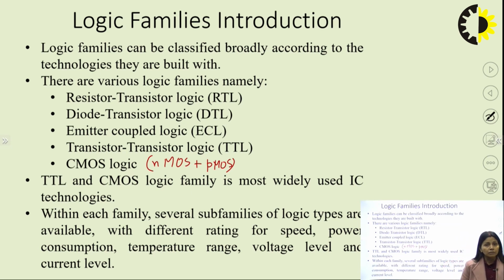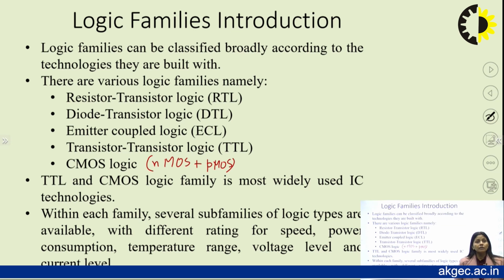And in the labs you must have seen some AND gate and OR gate ICs, and those are purely TTL logic ICs. Now TTL and CMOS are widely used, and each family has subfamilies too.